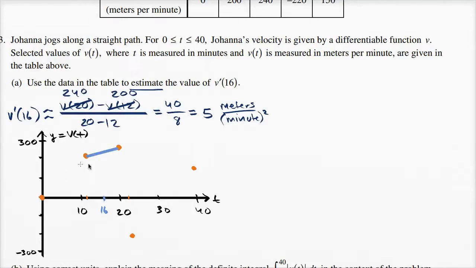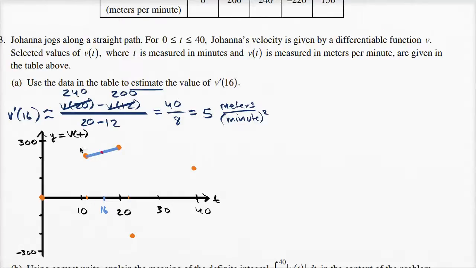So if you draw a line there, v′(16) is going to be approximately the slope of this line. That's going to be our best job, based on the data that they've given us, of estimating the value of v′(16).